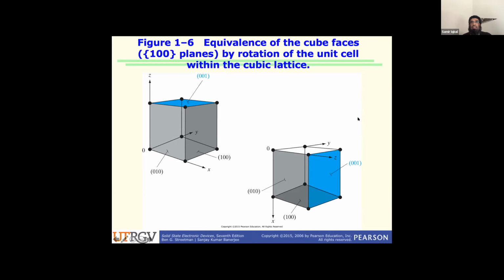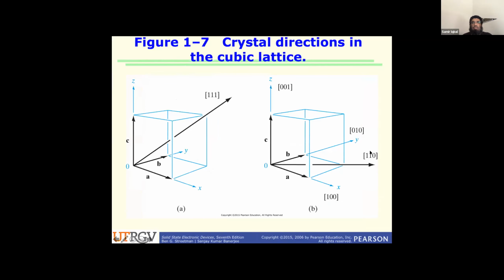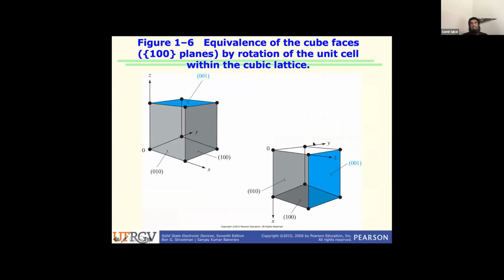So curly braces just tell us that it has a bunch of equivalent planes that go with that. So we even further simplify. Instead of writing each one, we can write a few of them, and all the equivalent ones are covered with those curly braces.